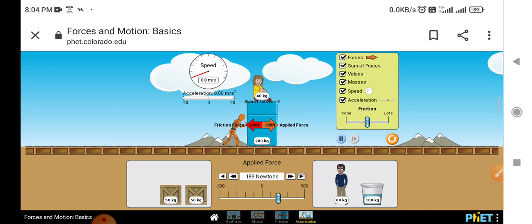It reached 190, I think, 200. We will wait. So we will reduce the weight.